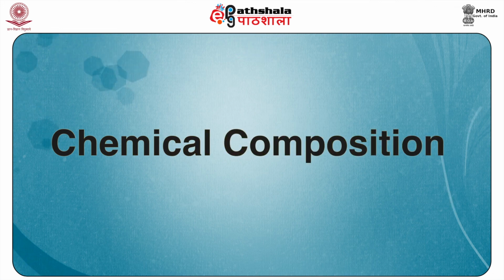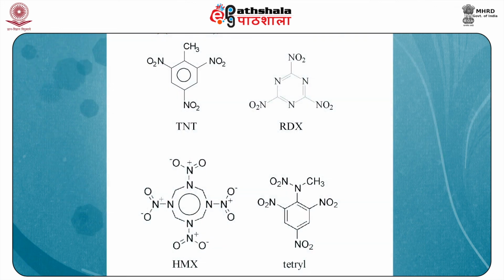Chemical composition. An explosive can be characterized based on its chemical composition, which is either a chemically pure compound, such as nitroglycerine, or a mixture of a fuel and an oxidizer, such as black powder or grain dust and air. A. Chemically pure compounds. Some chemical compounds are unstable.